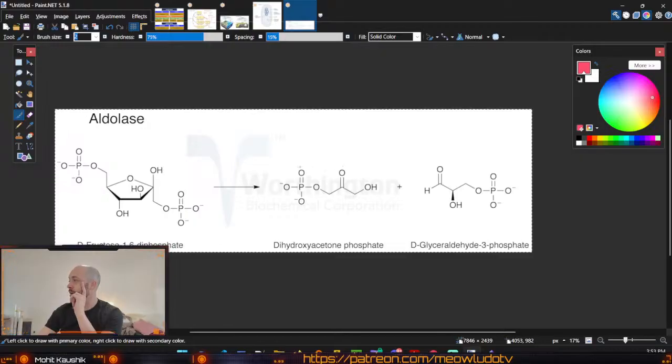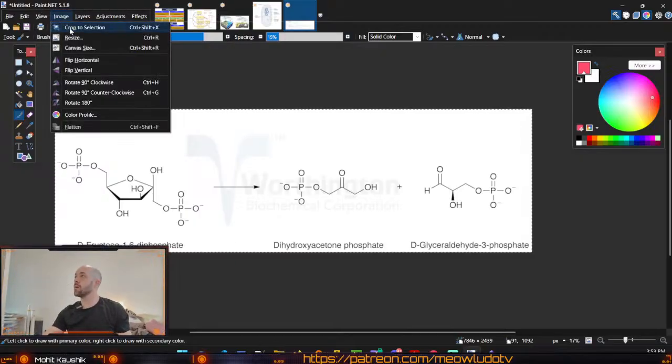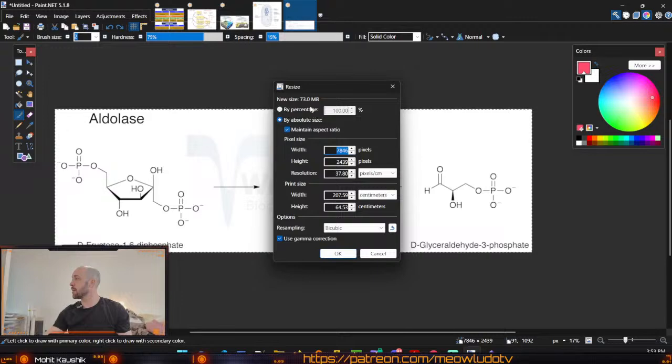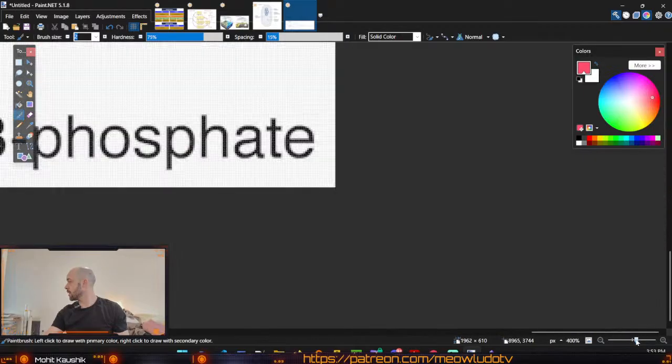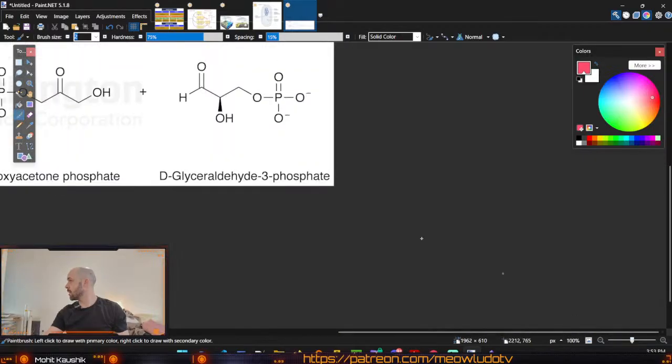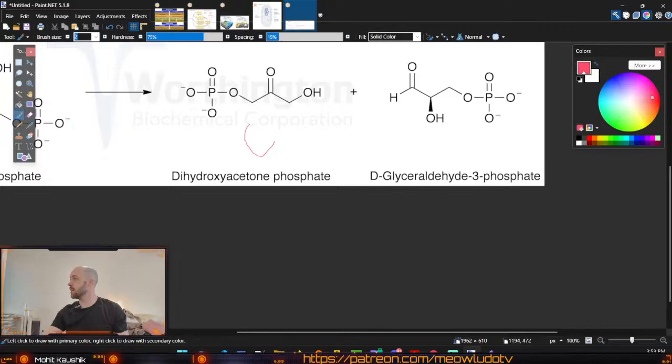That's too small, so I'm going to resize this to 25%, and then view 100%. Okay, that's a bit easier. Let's increase my brush size to 12. Okay, that's better.